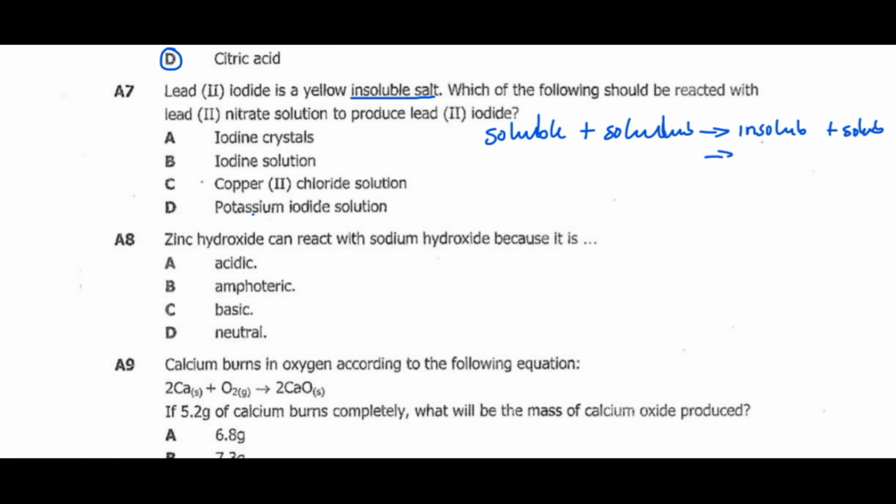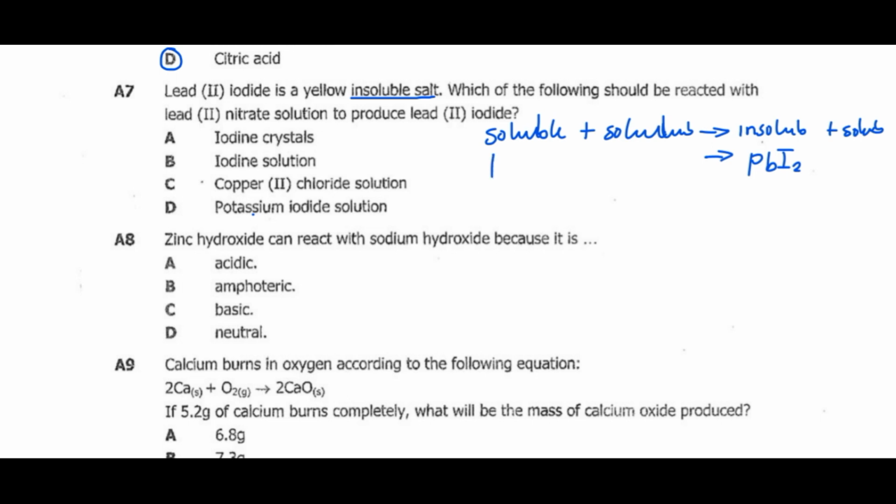Here the insoluble salt we are given is lead iodide, and this is the soluble salt that we are looking at. We need to make sure that each of the 2 reactants we select has at least one ion that will be present in the insoluble salt.